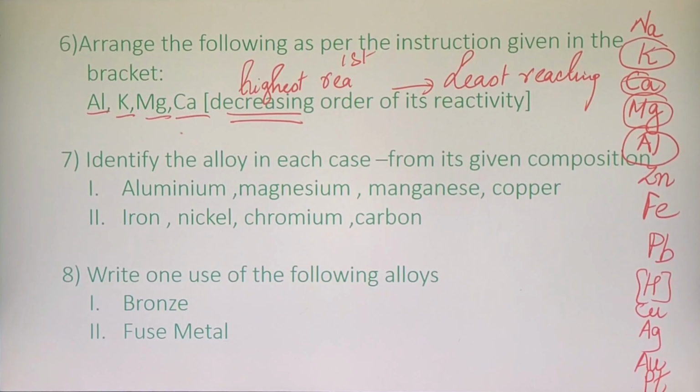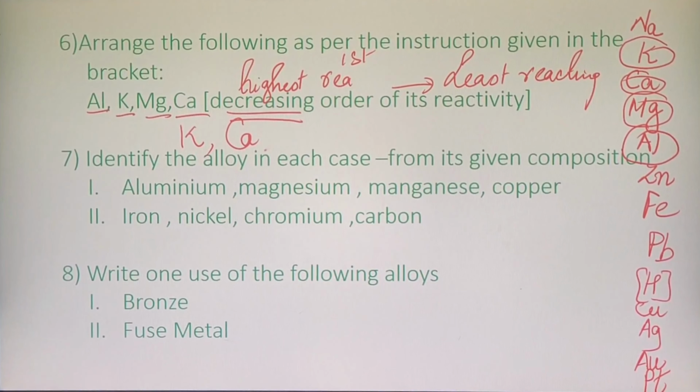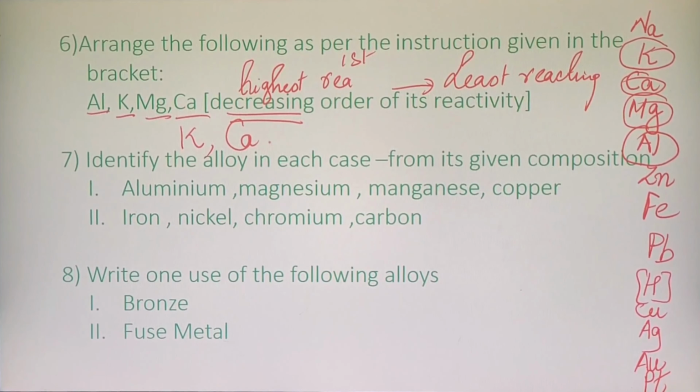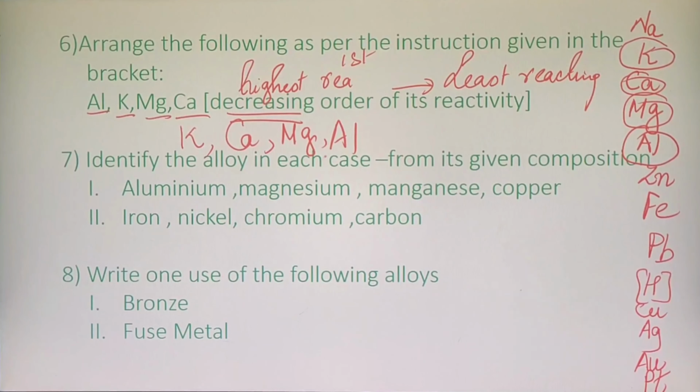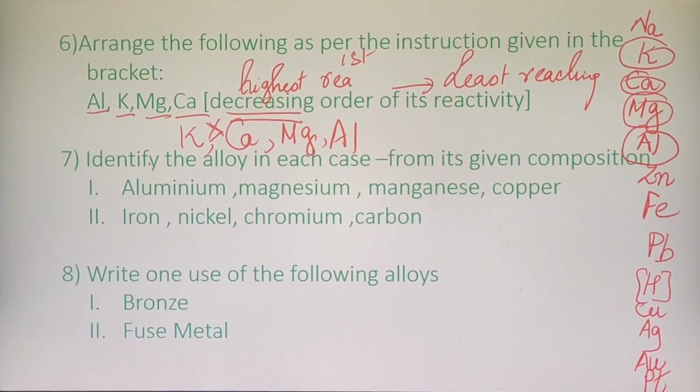Potassium will be the highest reacting metal here, followed by calcium, which is the second most reactive metal, followed by magnesium, and the last reactive metal in this series is aluminium. Am I clear? Can you see, I have not used the greater than sign or the lesser than sign here. How have I separated the elements? I have separated the elements using a comma. So this is how you are supposed to do it.